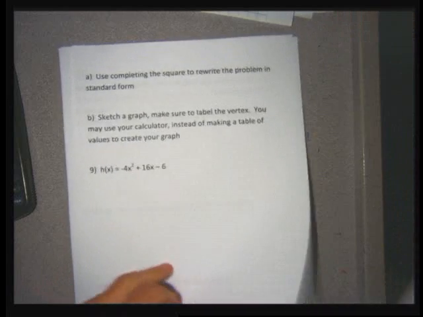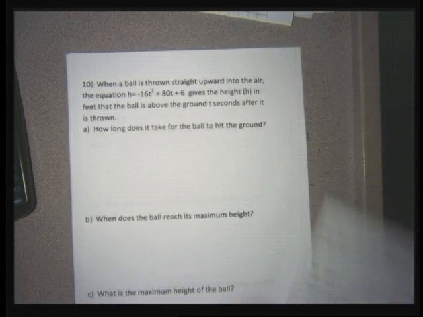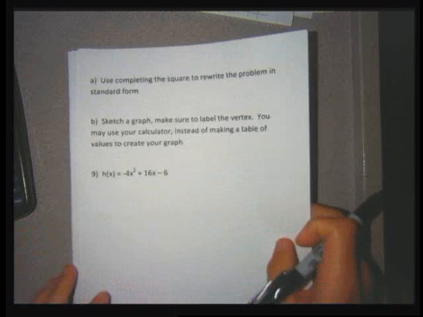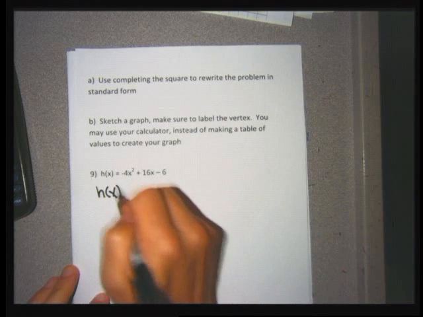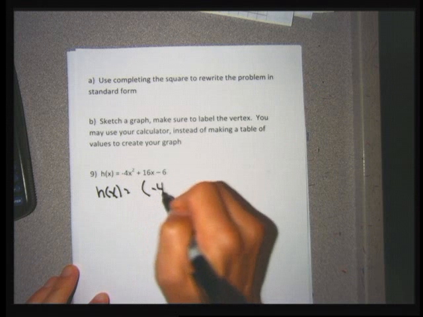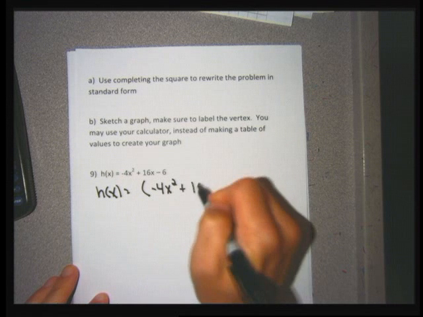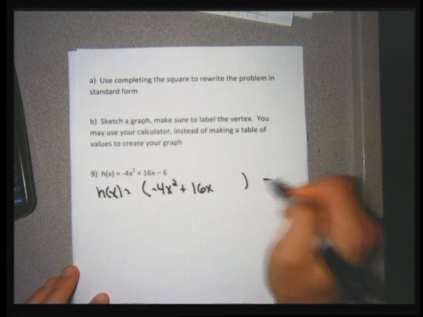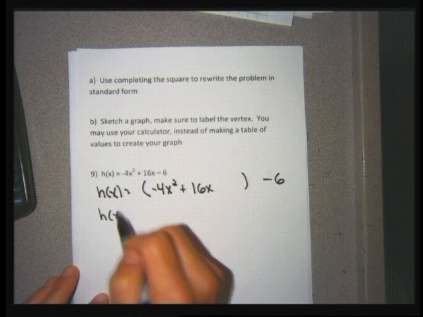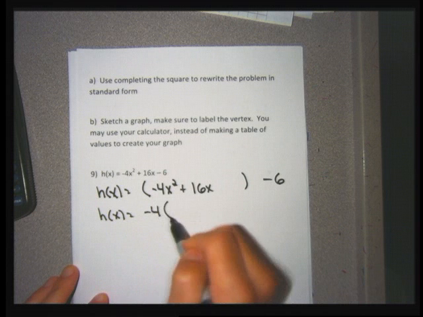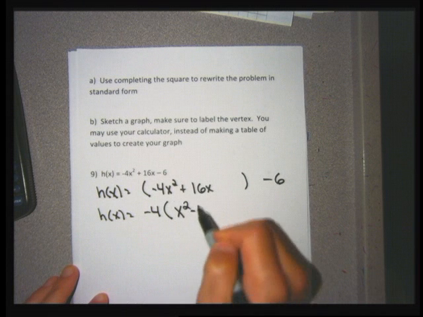Nine, same deal, a little bit harder. The little bit harder is because of the 4 in front of the x squared. Same question, so I'm going to group the x's, make this negative 4x squared plus 16x, move the minus 6 out, factor out the negative 4 from the x's, and get x squared minus 4x.